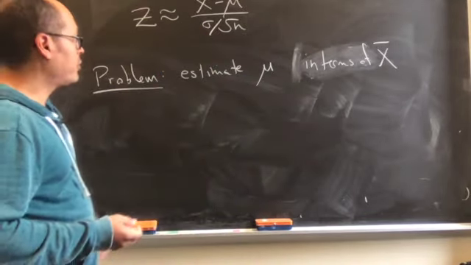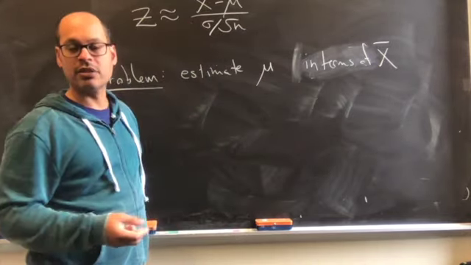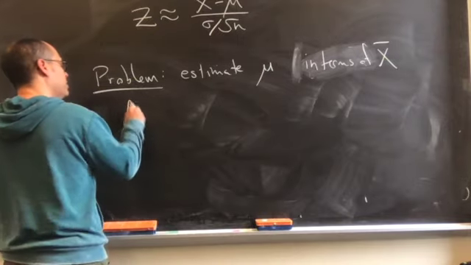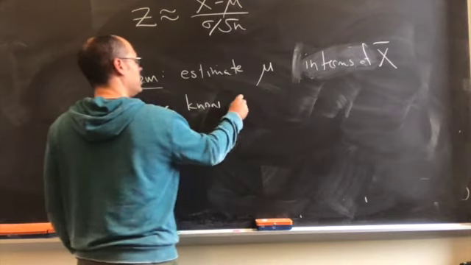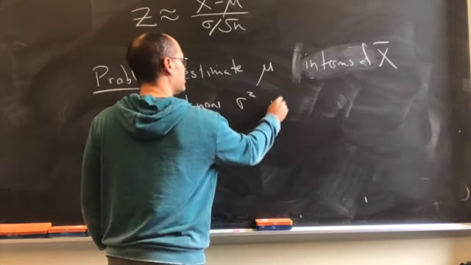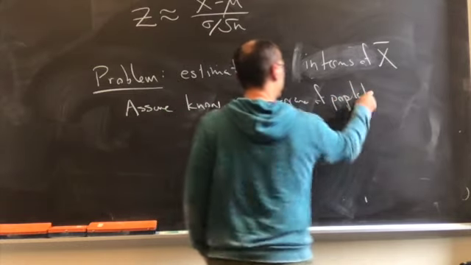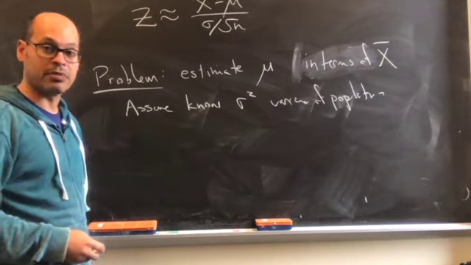There is this extra bit of information, which is the sample variance, or its square root. We're just going to assume, for simplicity, that we know the variance of the population. This is just an assumption that we're going to make for educational purposes.